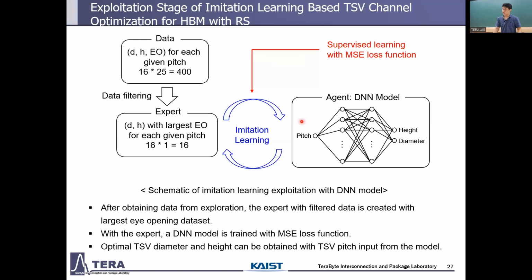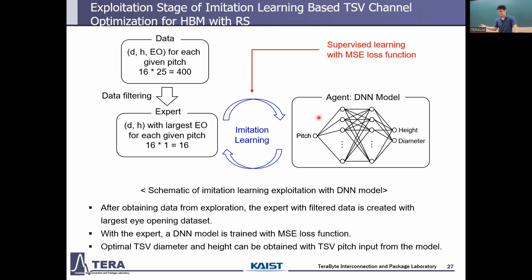And this is called imitation learning because this DNN model imitates the expert. The expert is kind of a tutor. So this agent DNN model cannot really have the performance of the expert because it was based on the expert, but it's like a tutor and student relationship.